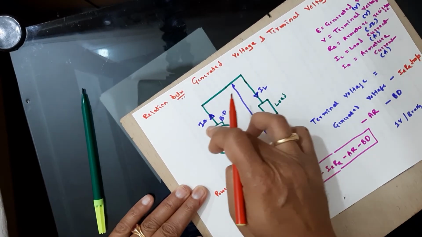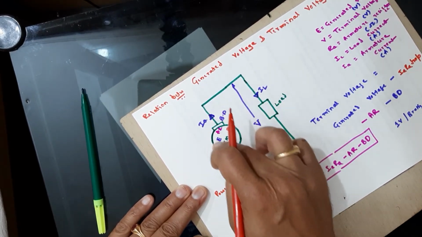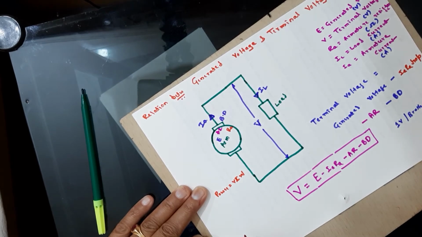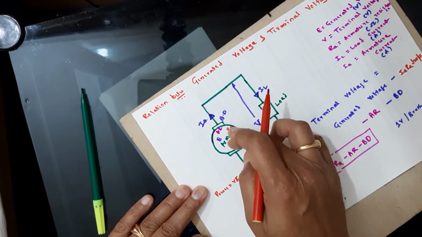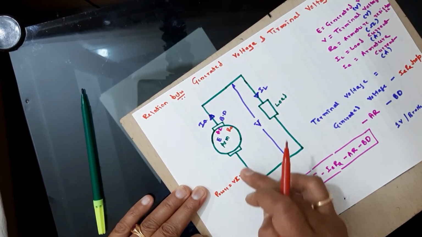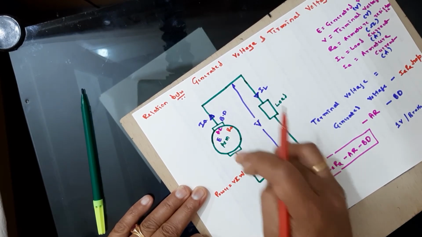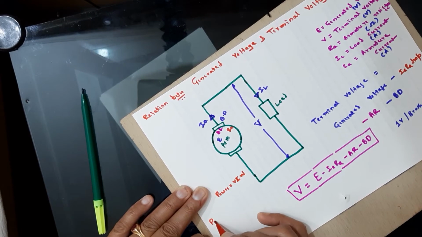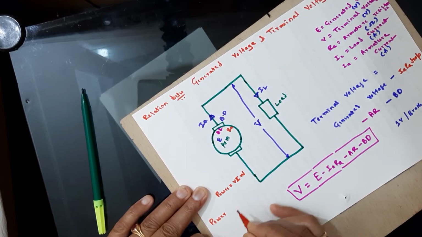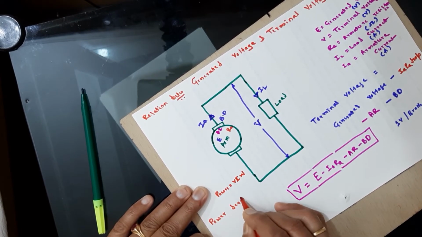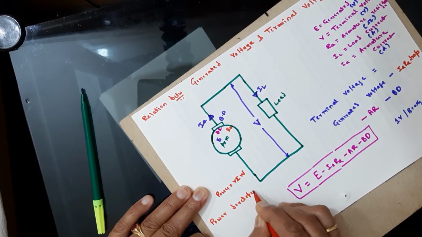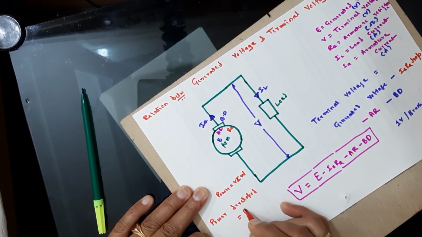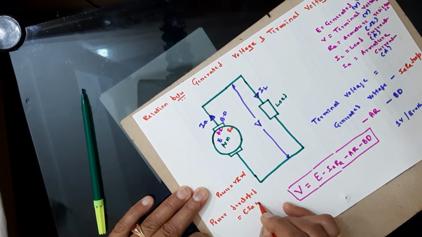What I am interested in is the power developed inside the armature. What is the voltage in the armature? E. What is the current in the armature? IA. Therefore, the power developed is equal to E into IA watts.